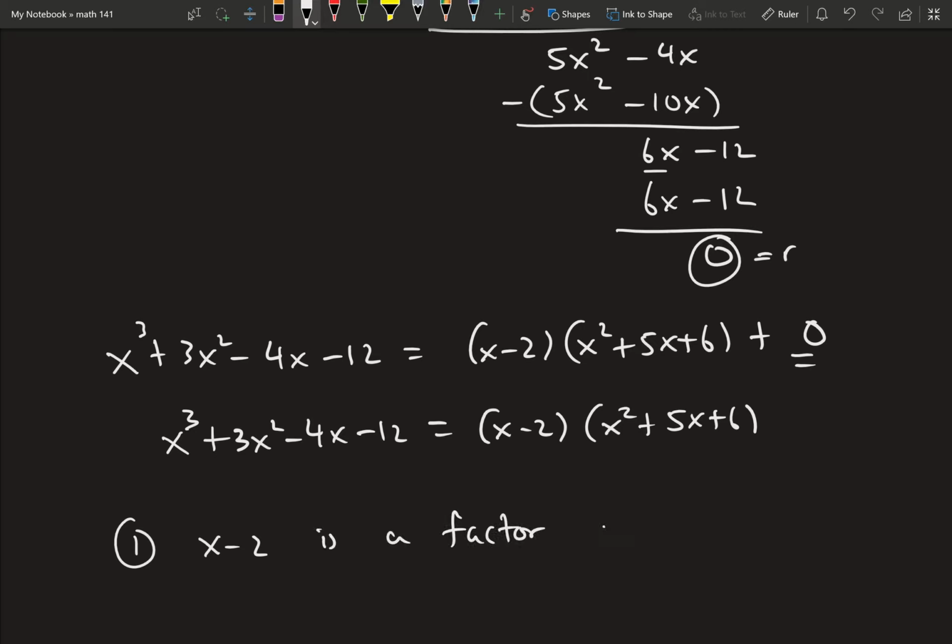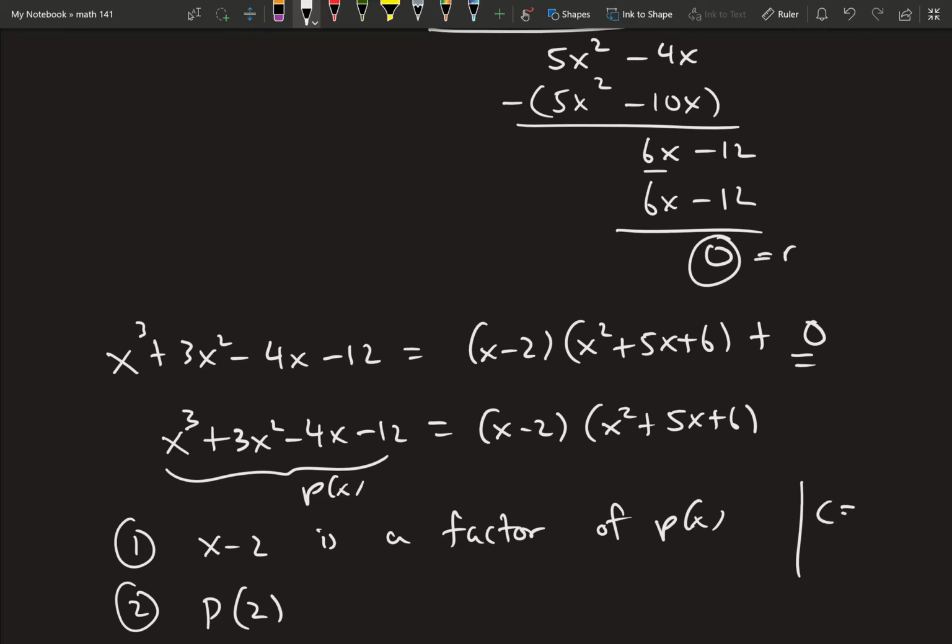You can factor it out of the polynomial p of x. Remember, this is our p of x right here. It's a factor of it. Second thing is, if you plug in the number 2, remember c here is 2, p of 2 is the remainder, which is 0. This was r. And you can see that if you just plug in 2 here, you get 0.